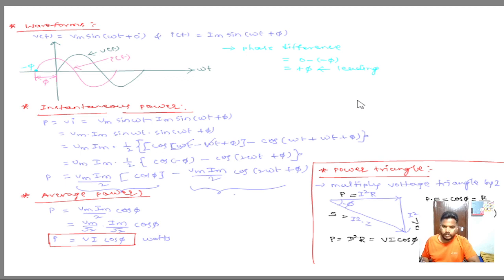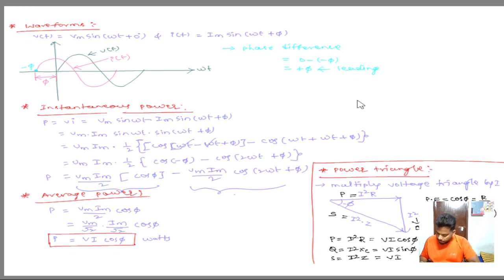We use any one of these formulas when doing problems. Q is I square XC or Vi sin phi, and S is equal to I square Z or V into I.